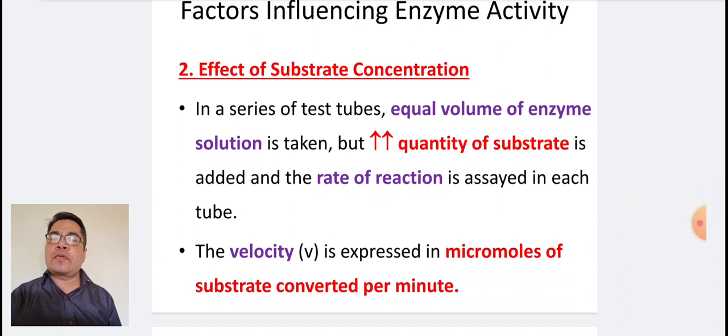Second is effect of substrate concentration. In a series of test tubes, equal volume of enzyme solution is taken, but increased quantity of substrate is added and the reaction is assayed in each test tube. The velocity is expressed in micromoles of substrate converted per minute.